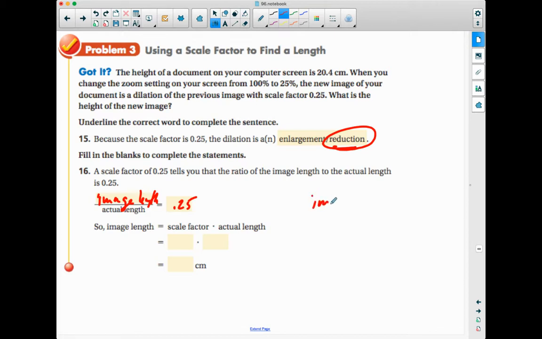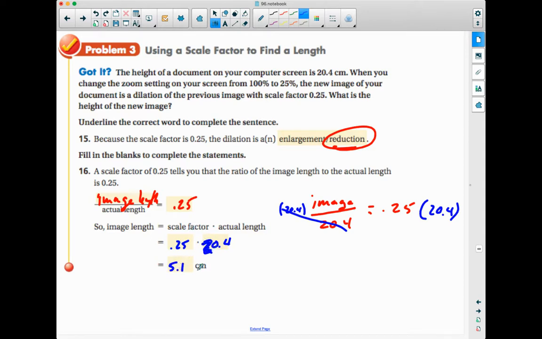So I'm going to have my image over our actual length, which is 20.4, is going to be equal to 0.25. If I multiply both sides by 20.4, that cancels out. Now it's exactly what I had right here, 0.25 times 20.4. So I just pop that in my calculator, 0.25 times 20.4, and I get 5.1 centimeters.